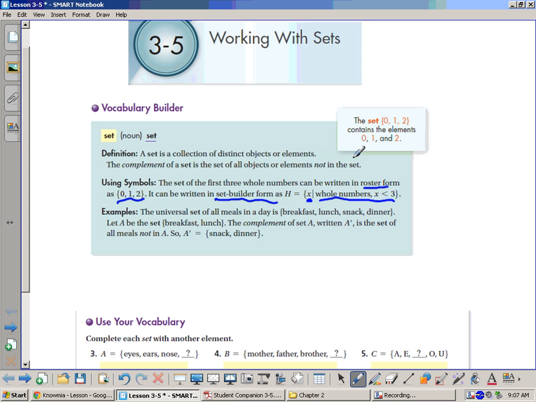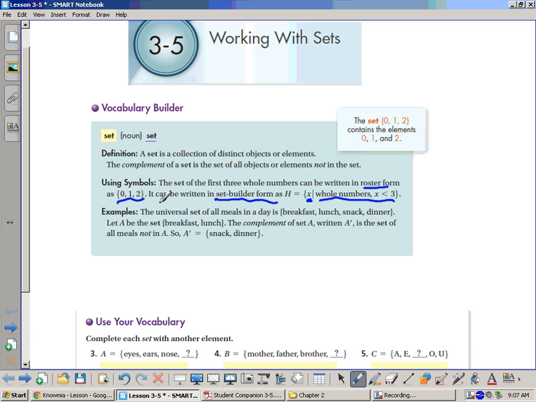So if we look at our set here, 0, 1, 2, those are whole numbers that are less than 3. So when we're doing set builder form, we're typically going to be using inequalities to describe what that set is. We first have to describe what the numbering system is that we're going to be working with.